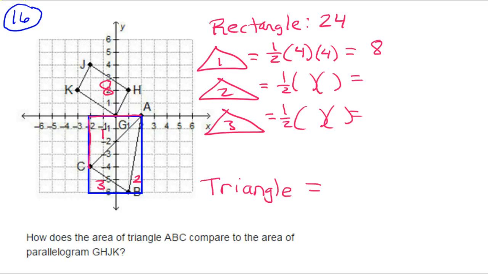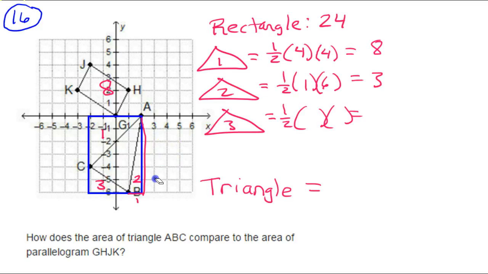Okay, so that was triangle number 1. All right, now look at triangle number 2. The base is 1. The height is 6. All right, 1 times 6 is 6. Half of 6 is 3.